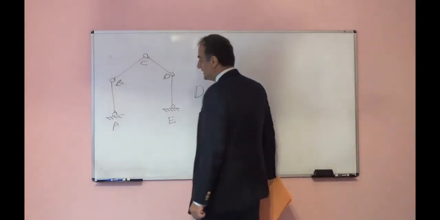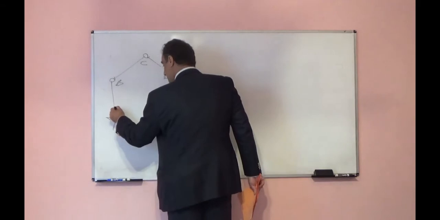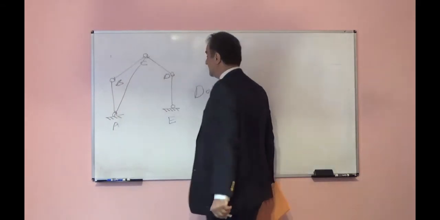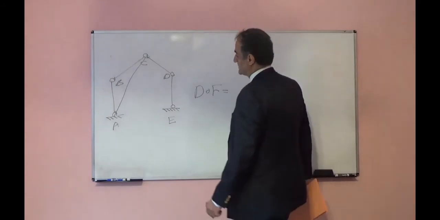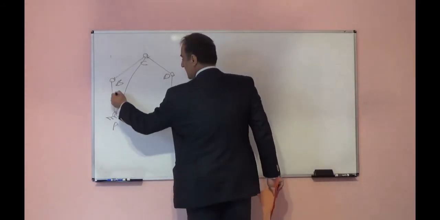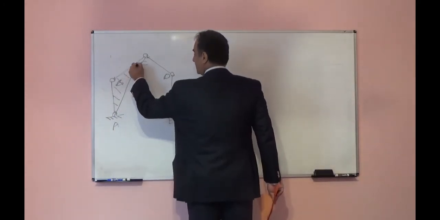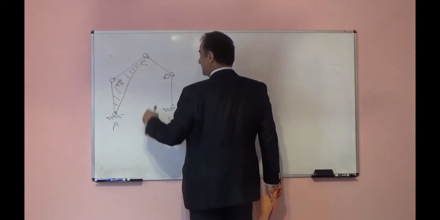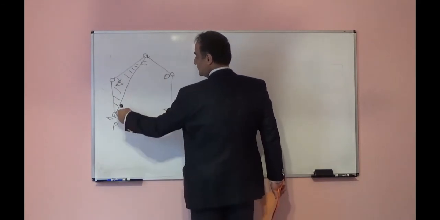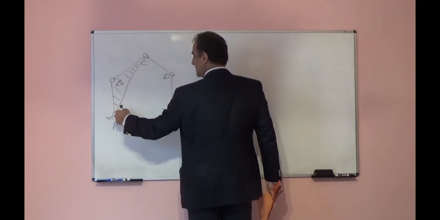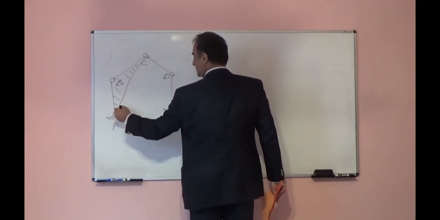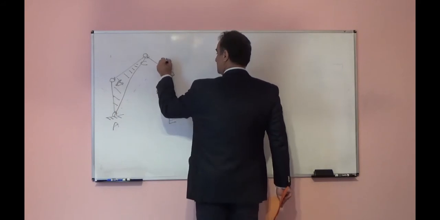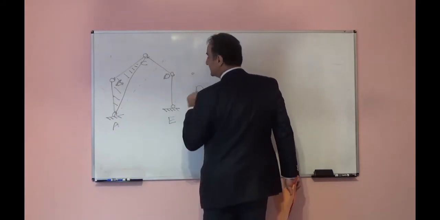Now this frame will fall down, it is unstable, it will collapse. In order to make it stable, if you add one member here, still it is not stable because you see this part is a triangle like a truss, it is stable, but again it can rotate this part with respect to point A and this will collapse like this.